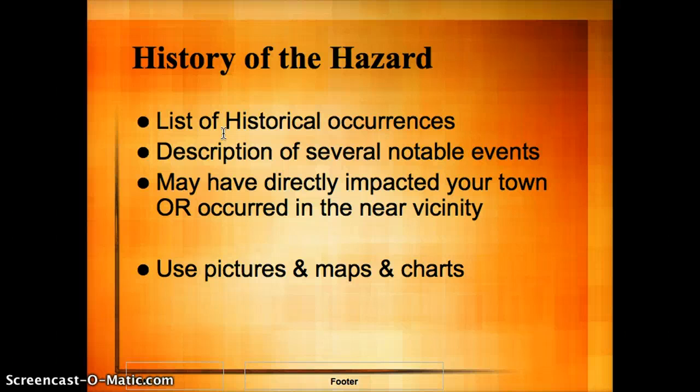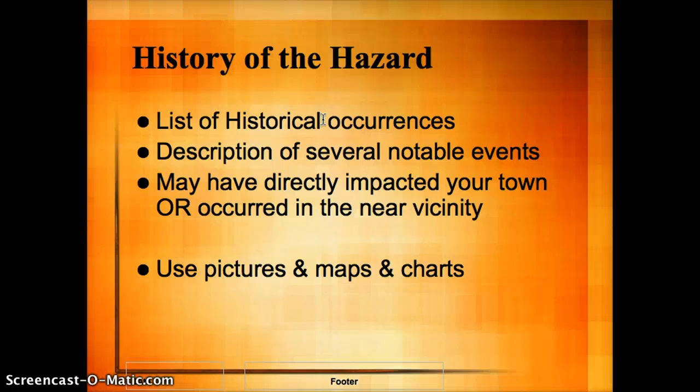So the best approach is to list some historical occurrences, as many as you can. Some people use a table, some people just list them out, and then describe several of the more notable events. You might find a lot of information, for example, on the flood of 1952 or something, and then you can put that information in there.